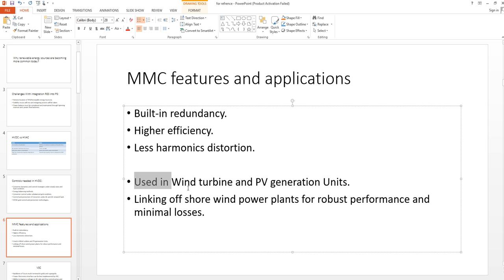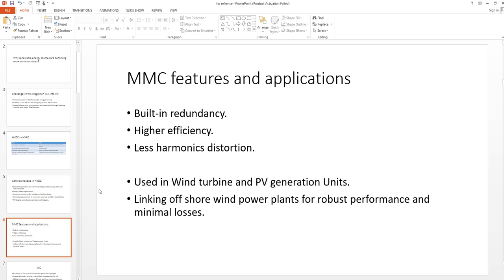It is used in wind turbines and PV generation units, and it is mostly used for linking offshore wind power plants, for robust performance and minimal losses.